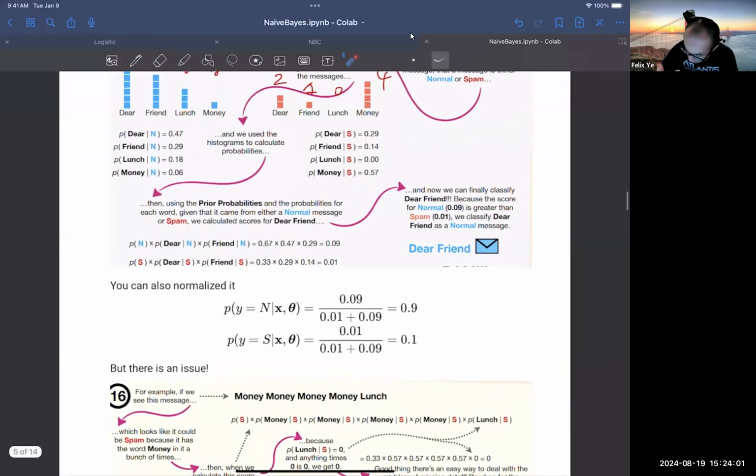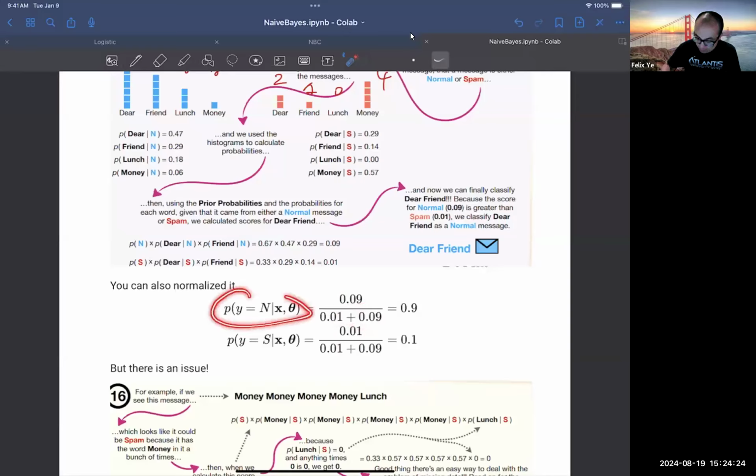Here I call it the score, but of course you can normalize as well. The way to normalize is to calculate the posterior distribution by normalizing to a probability. Previously we had 0.09 and 0.01, and you can divide by the total.